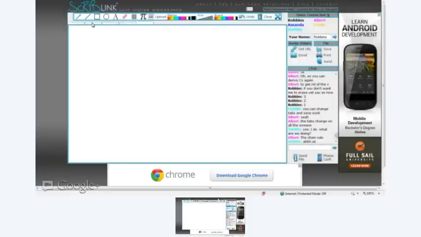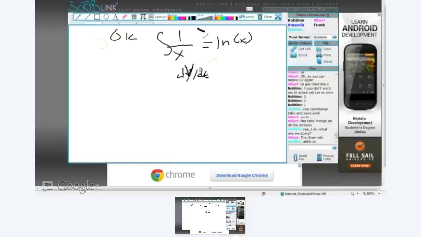So the integral of 1 over x is the natural log of x, and when you have that differential equation problem, we're using basically the chain rule again, because if we can get it to where it's dv dt over v, then when we integrate, that is ln of v.